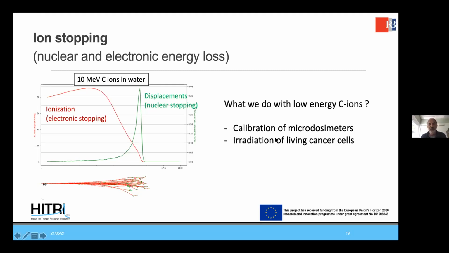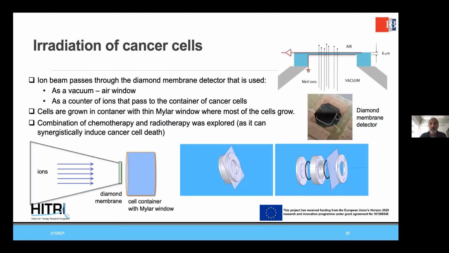And we also do irradiation of living cancer cells together with biomedical colleagues from our institute. So this is one example of how you can actually test the beams that are used in hadron therapy to study the effects on the cancer cells.